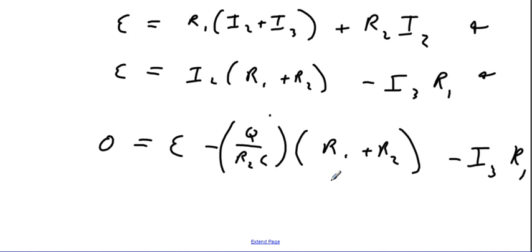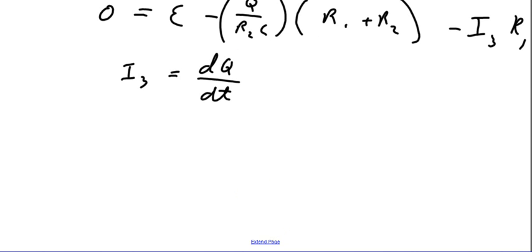And then I3 is going to be dQ/dt, the change in the charge on the capacitor with time, by definition.